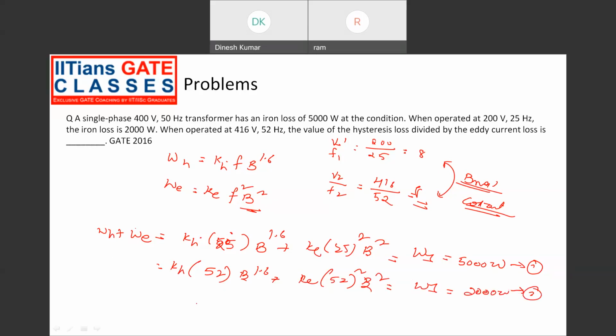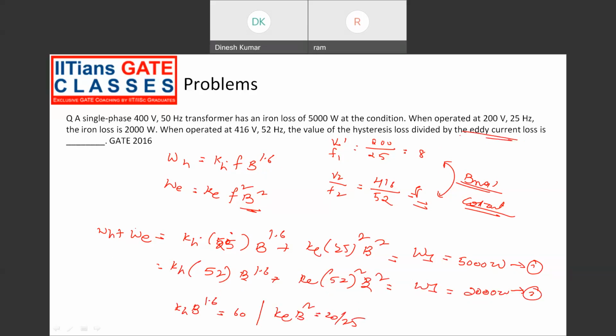If we solve equation 1 and equation 2, we'll have Kh B to the power 1.6 equal to 60, Ke B square equal to 20 by 25.